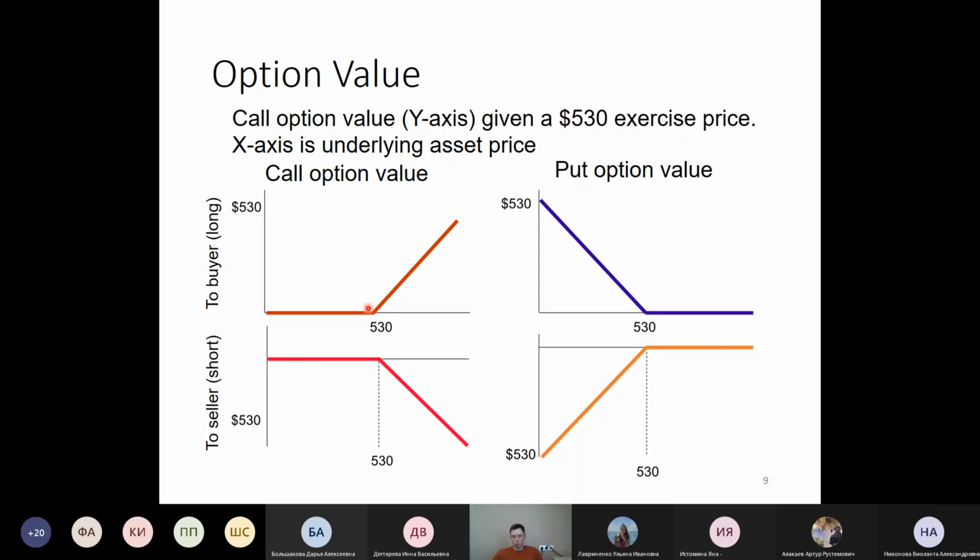But if you go in this direction, then you do not exercise the option, but you already paid the commission. So in this direction, the seller of the option is in a good position. With a put option, our gains are mostly restricted, as the price of the asset cannot fall below zero.